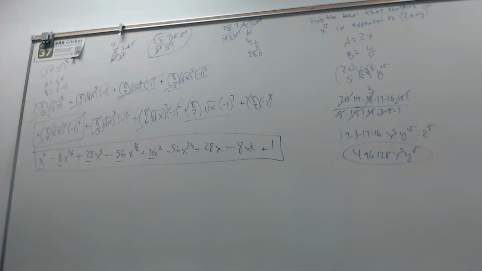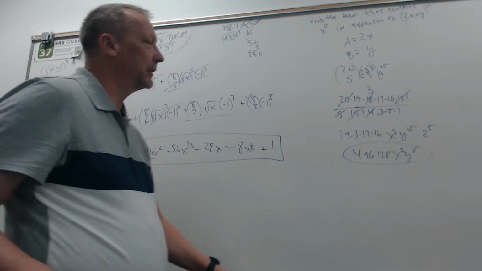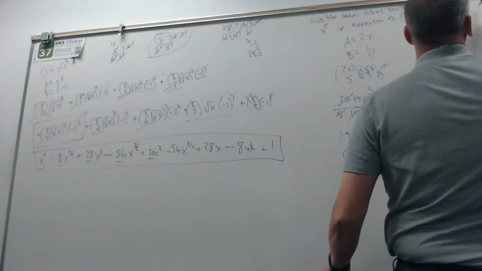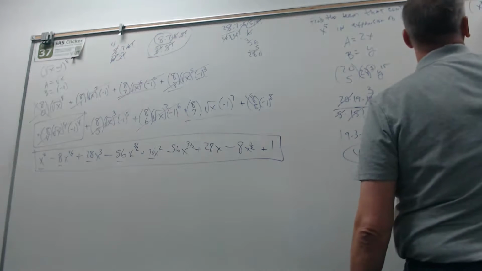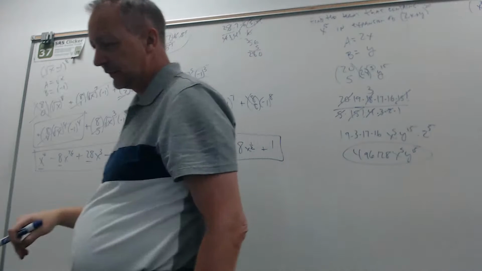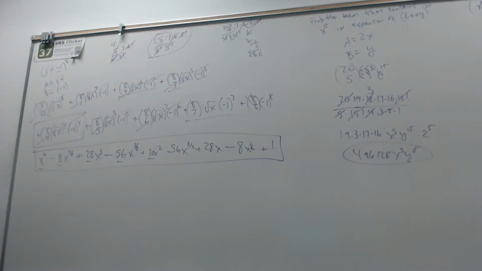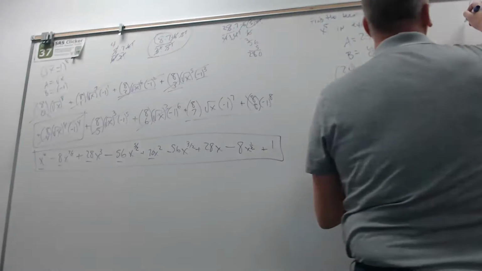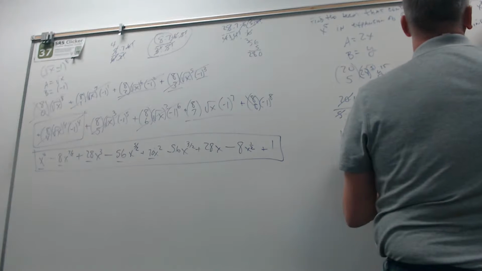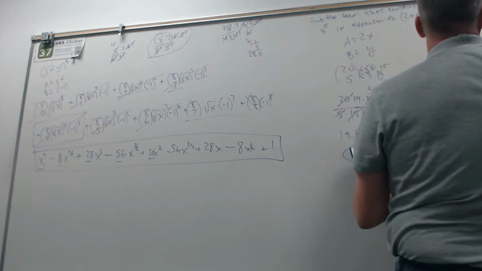Great. All right, how about this one? What if I did x squared plus 1 over x to the 10th power, and I say, find the x to the 8th term.